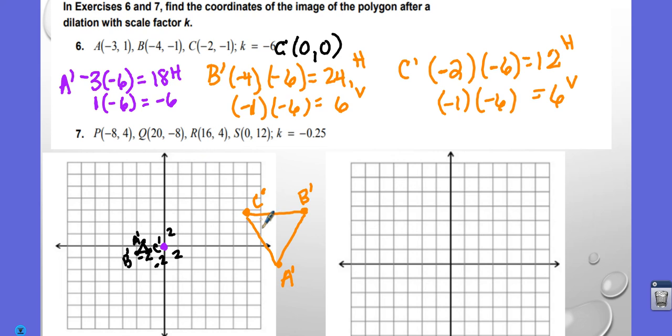So what you need to say to start with is line segment AB over line segment A prime B prime should be equal to line segment AC over AC prime should equal line segment BC over B prime C prime.